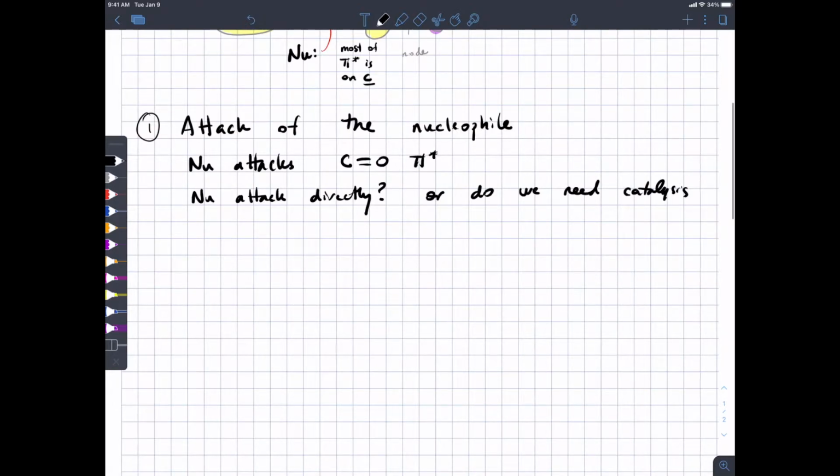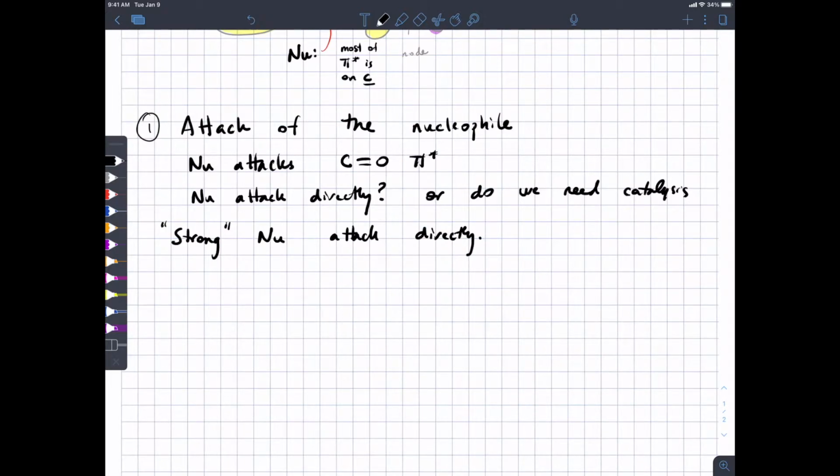We will see that strong nucleophiles attack directly. That means they go straight for the carbonyl carbon, no catalysis needed.